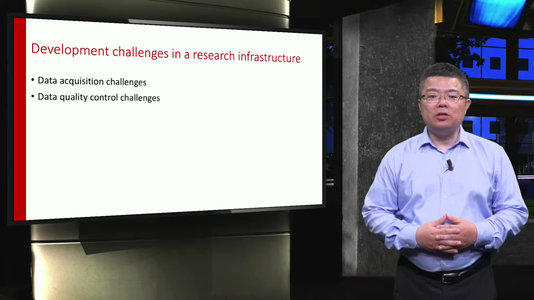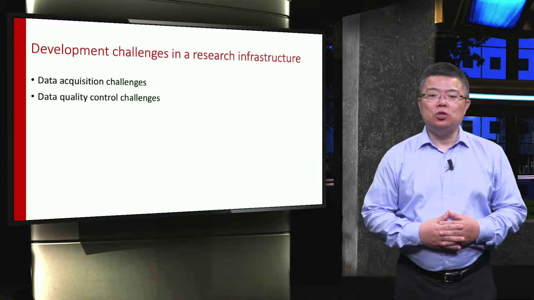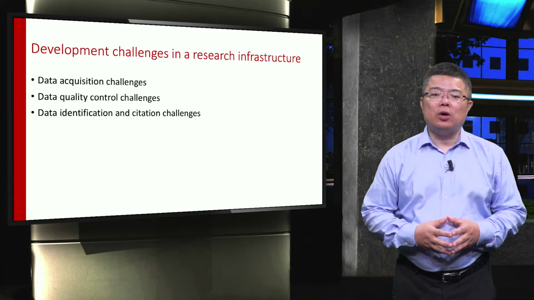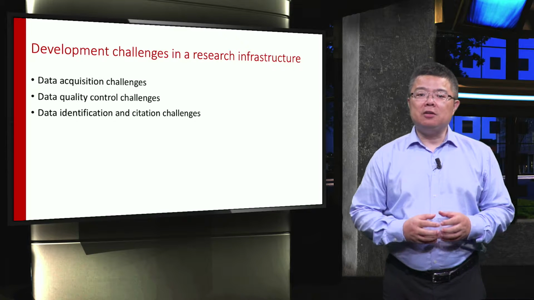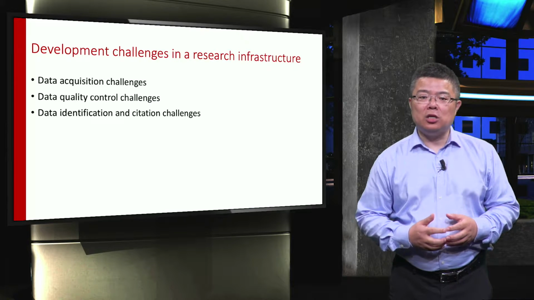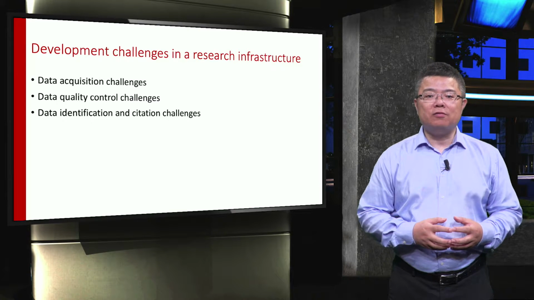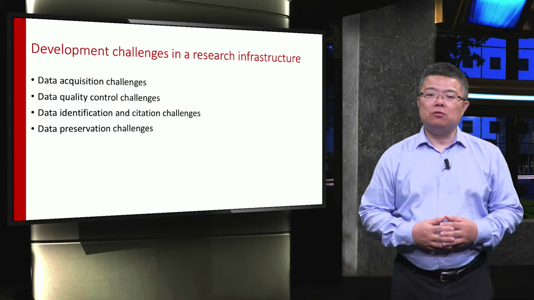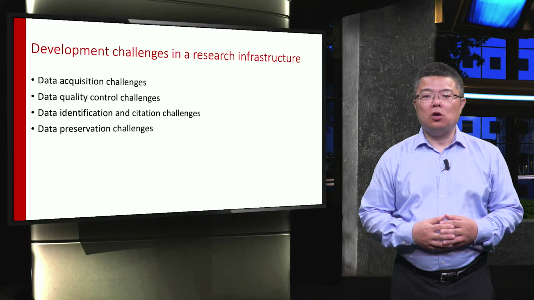How to check the quality of the acquired raw data using a standardized procedure. How to provide a standardized way to identify the data objects in the infrastructure so that users of the infrastructure can refer to the data objects in their publications, workflows, or other possible contexts. How to provide plans for preserving data for the long term.